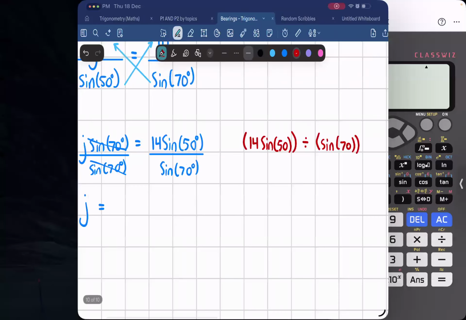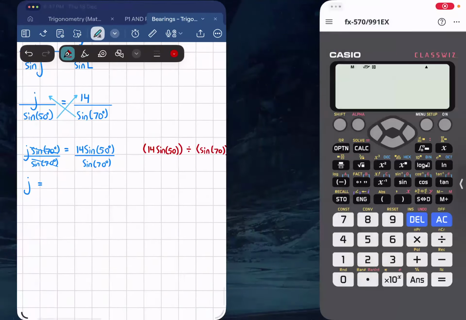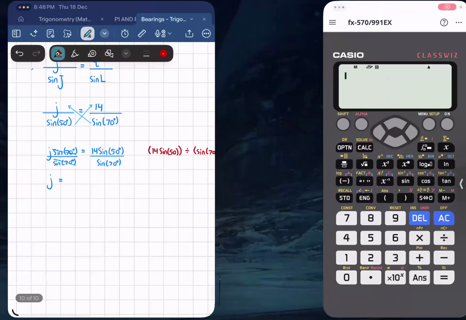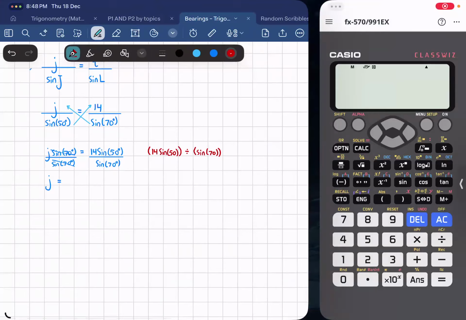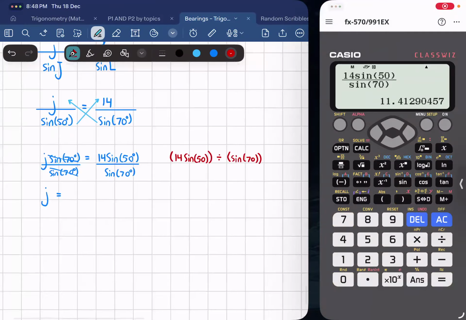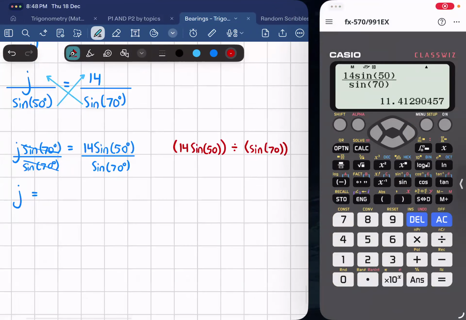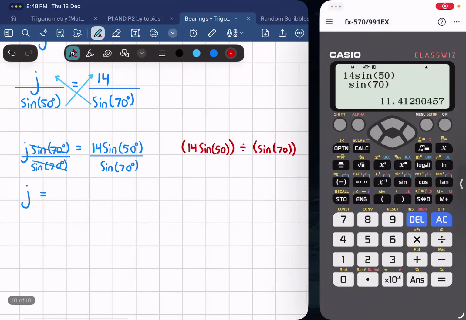What did you get? 11.41290457. Let me check that. 14 sine 50 all over sine 70. You put it in exactly how I said. You got 11, perfect.